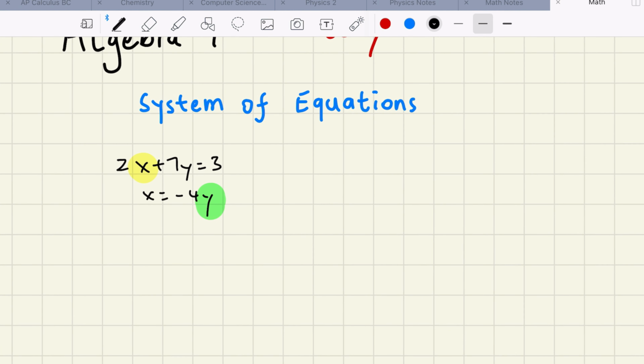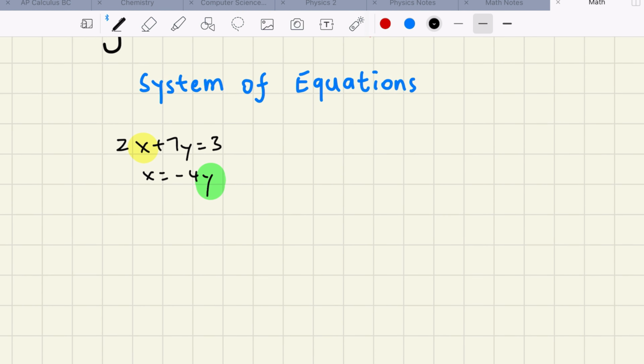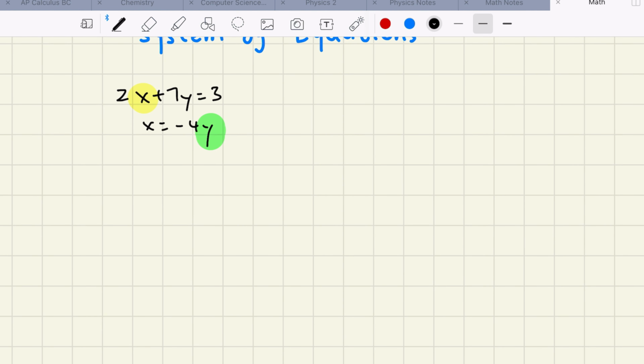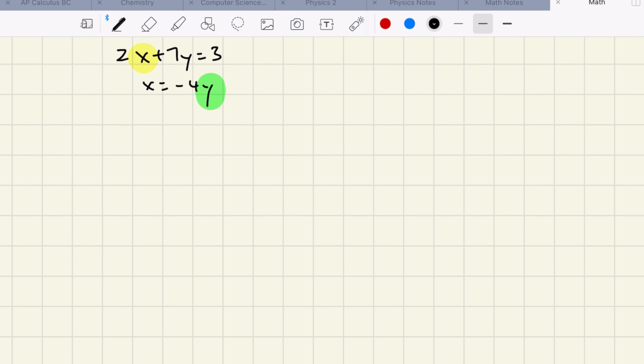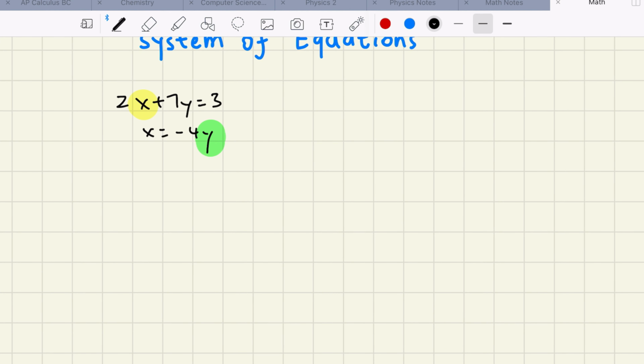There are three ways to solve this kind of system of equations. Today we're going to learn the first way, which is rather easy. It's called solving with substitution. Now let's do some examples so you'll see what this means.